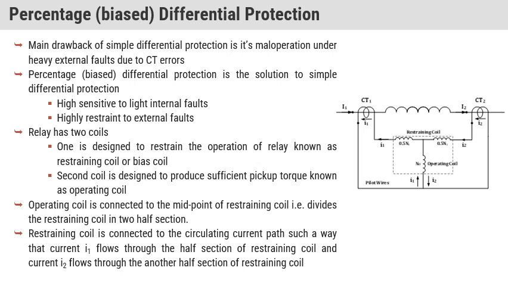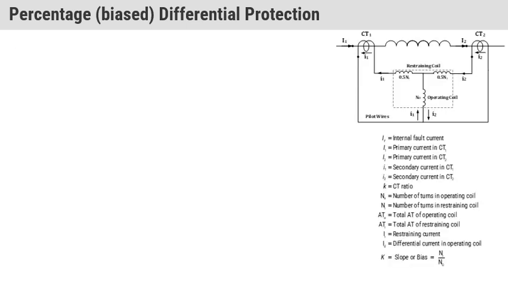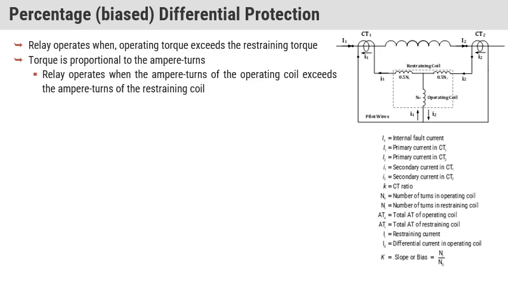The restraining coil is connected to the circulating current path in such a way that current I1 flows through one half section of the restraining coil, and current I2 flows through the other half section. The relay operates when the operating torque exceeds the restraining torque.